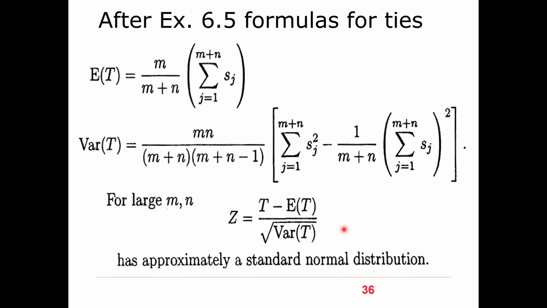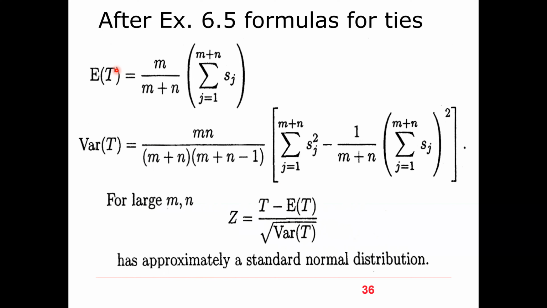So in summary, for this kind of data set, we only have the number of observations falling into each range, each bin. For example, if we only have a histogram of some data, we can use asymptotic approximation. These are the equations to calculate the mean, standard deviation and variance of the test statistic T. So what does T mean?